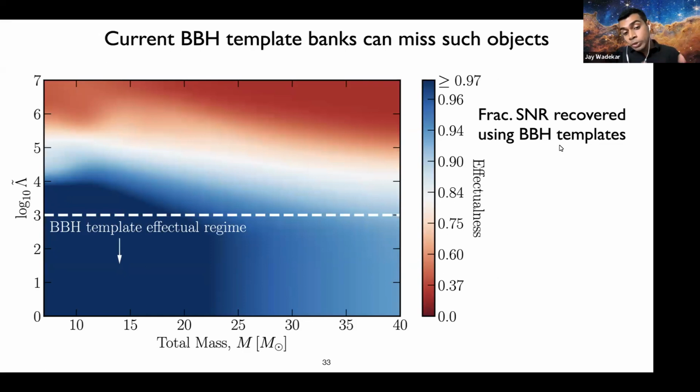So if there were objects here, you would have found them using just the binary black hole templates. But if you have objects with large lambda, you could miss them. This motivated us to make templates in this region specifically for these high lambda objects, and then do a new search targeting these objects.